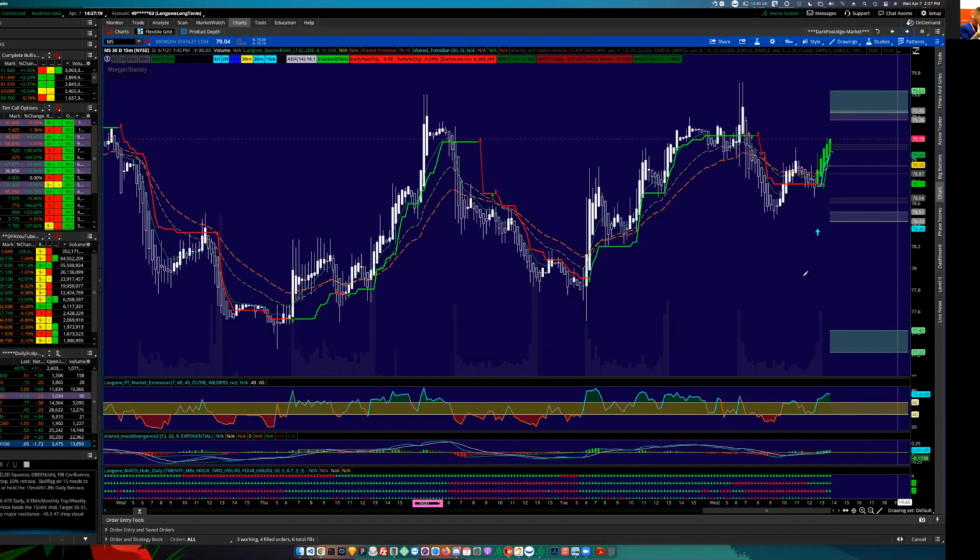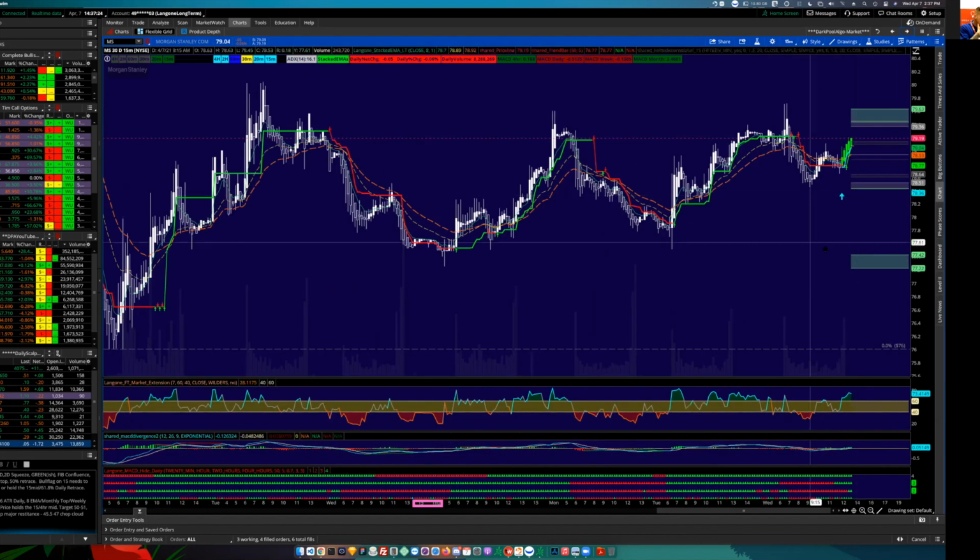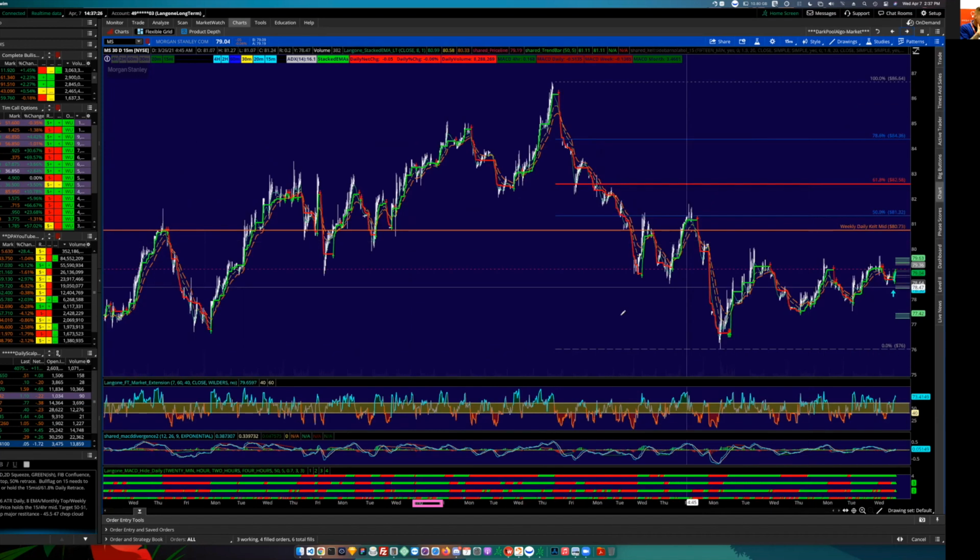Let's see what that looks like on a smaller time frame. So on a smaller time frame, I've got the same type of Keltner channel set up. And just put some lines up here so that we can see what we're talking about.